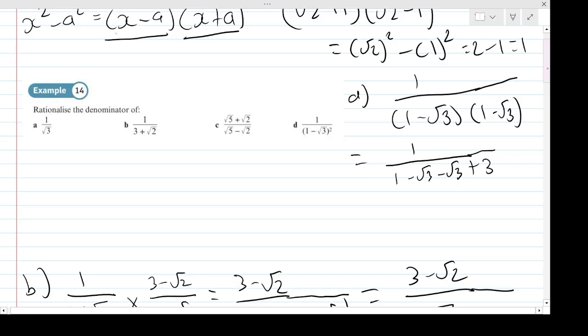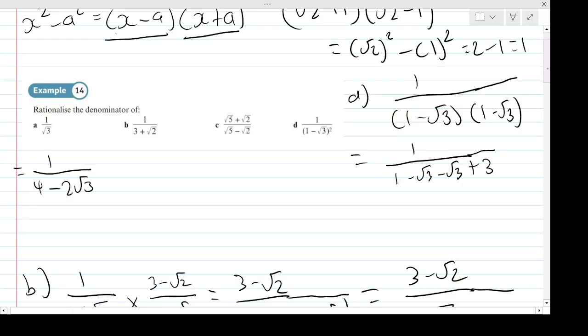Minus root 3 times minus root 3, a negative times a negative gives a positive, so root 3 squared is just 3, okay? Then if I simplify this, I'm going to have 1 over 1 add 3, we add the numbers, we get 4. And then minus root 3 and then minus root 3 another one is going to be 2, so minus 2 root 3.